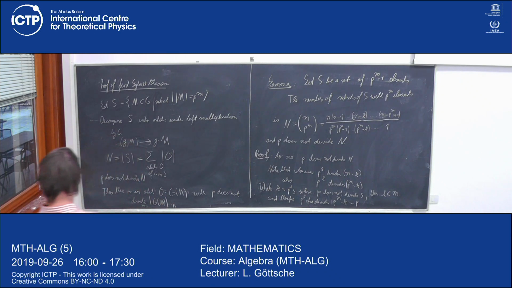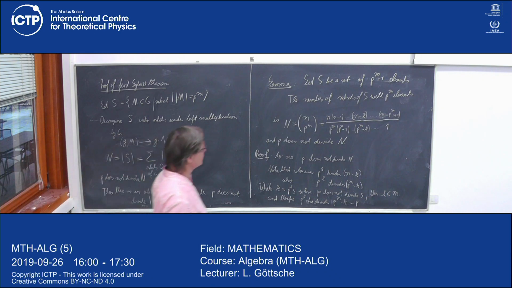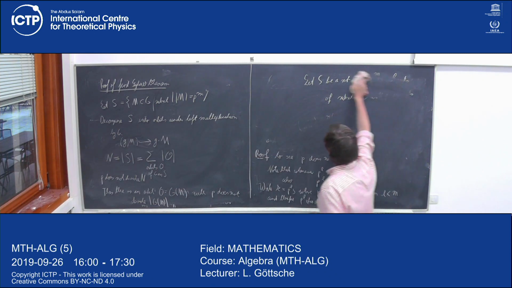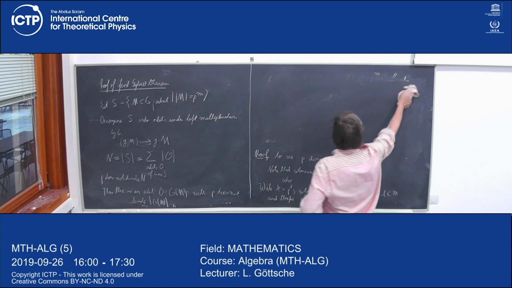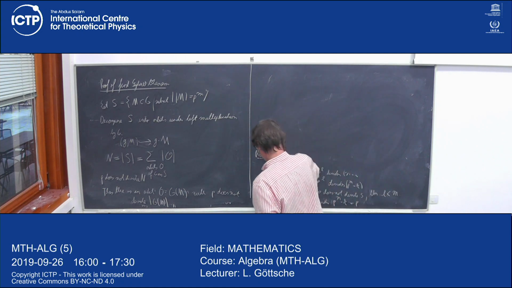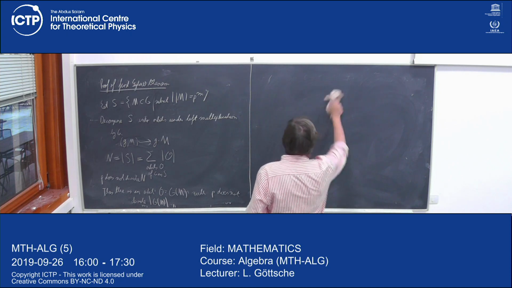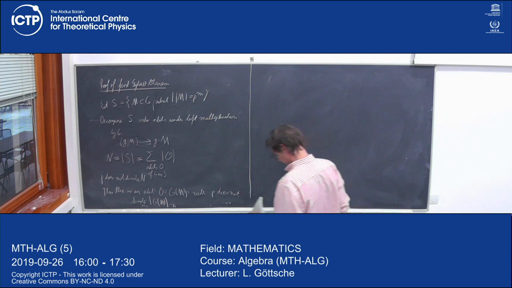Okay. And now, what comes now? Well, we ask ourselves, what is the stabilizer of this subset M? It will turn out that for stupid reasons, this has to be a p-Sylow subgroup.